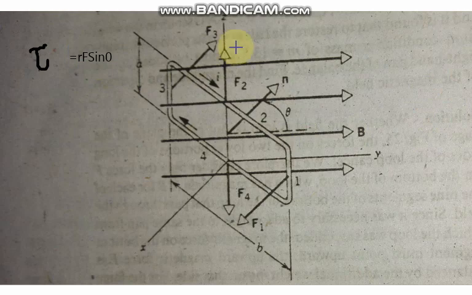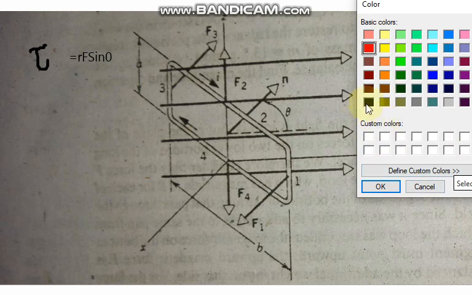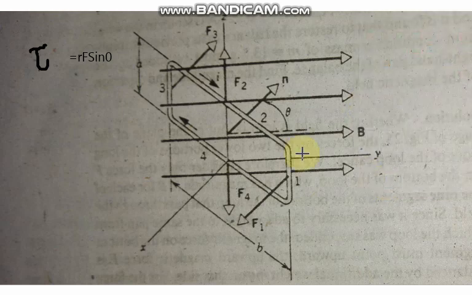But here the angle is not theta, it is phi. So we will write it as phi. This is not a proper way, but anyway, you should keep it in mind that this phi is the angle between R and F.